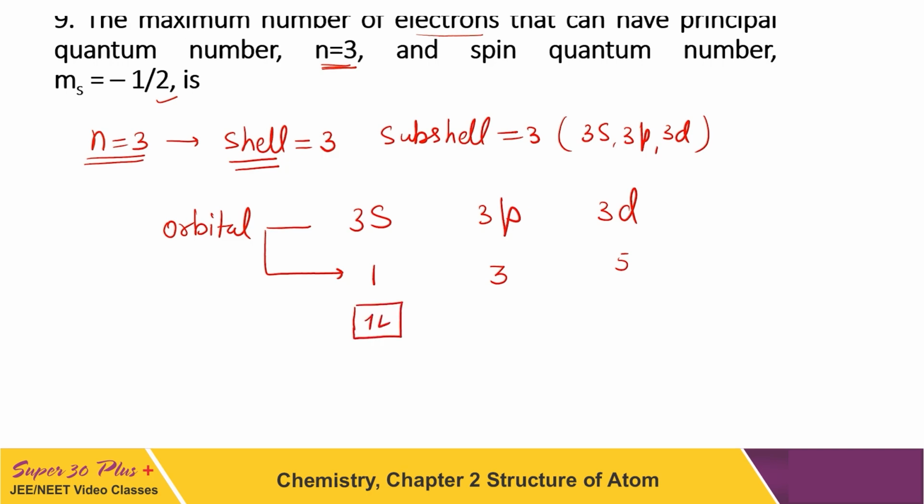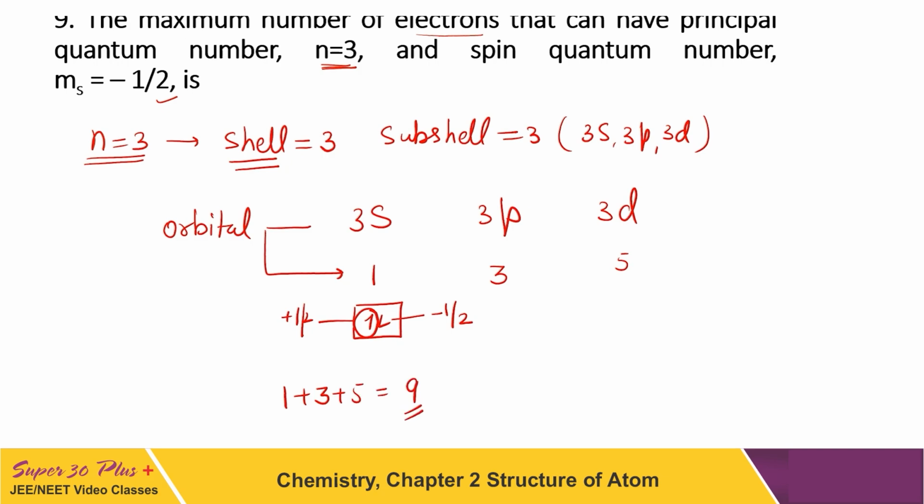So out of these 2 electrons, only 1 electron can have the value of s plus half, and 1 will have the value of s minus half. So the number of electrons with s minus half will be equal to the number of orbitals. So how many orbitals are there? 1 plus 3 plus 5. So the final answer will be 9.